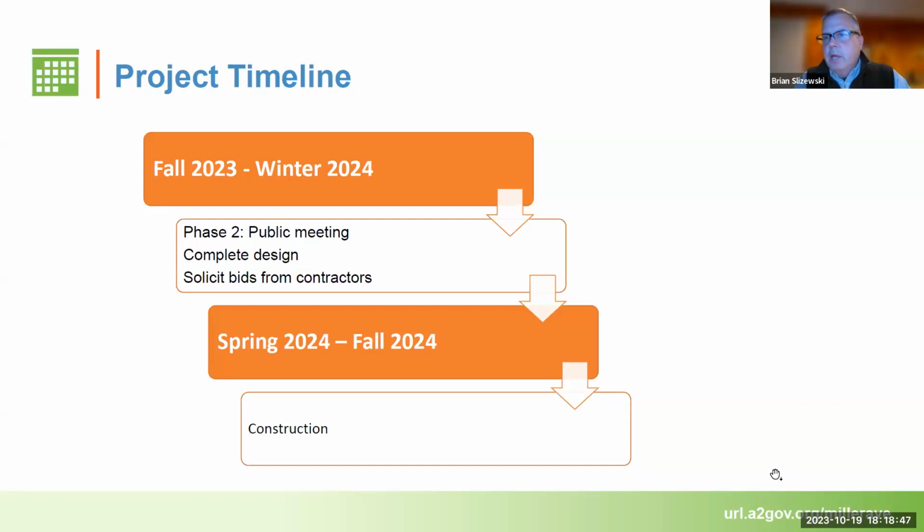I think we're looking at January for that meeting. And then in the winter, we will talk about soliciting bids from contractors, later in the winter, so that construction of the project can start in spring and be completed in the fall. We want to start as early as we can.